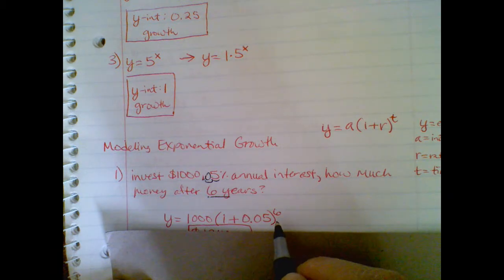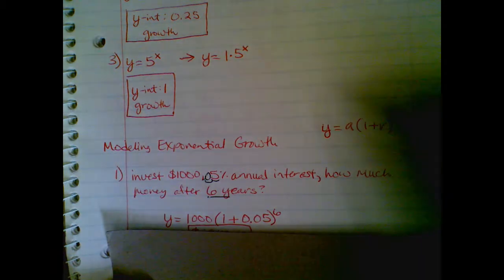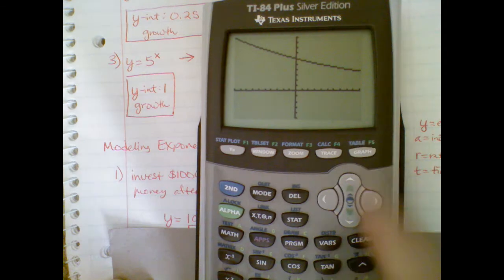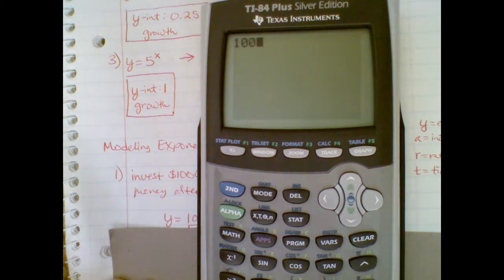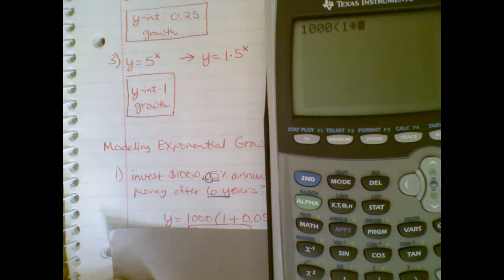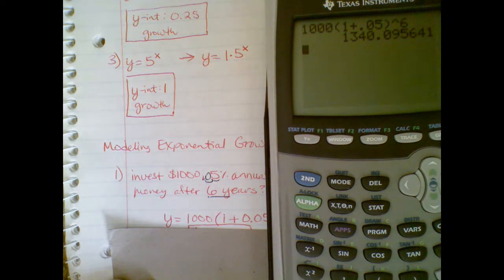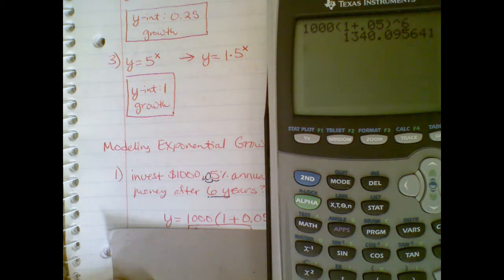So then if we simplify this down and put it into our calculator, we have 1,000 parentheses 1 plus 0.05 to the 6th power. I noticed it should be money, so we should round this to 2 decimal places, so we would have $1,340.10.